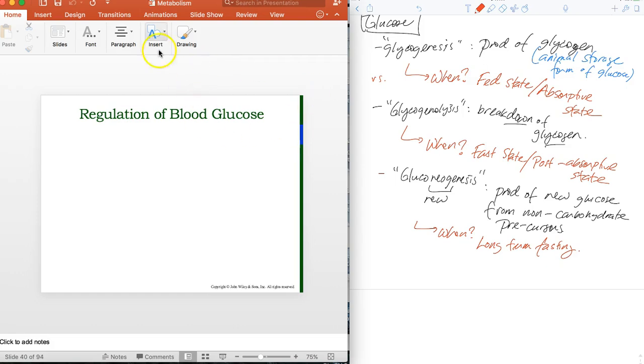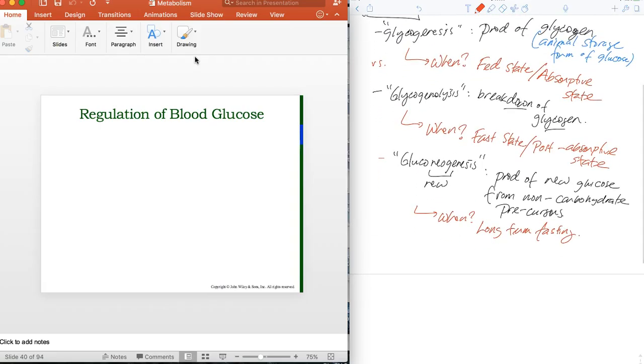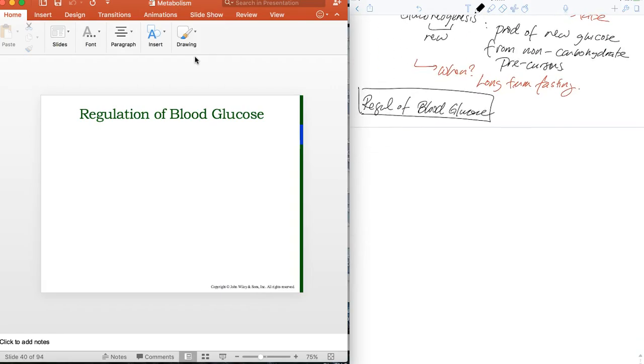Now, the blood glucose then, how do you regulate that? What are you guys thinking? Your favorite, feedback loops. So let's talk about regulation of blood glucose. We've talked about these in lab.